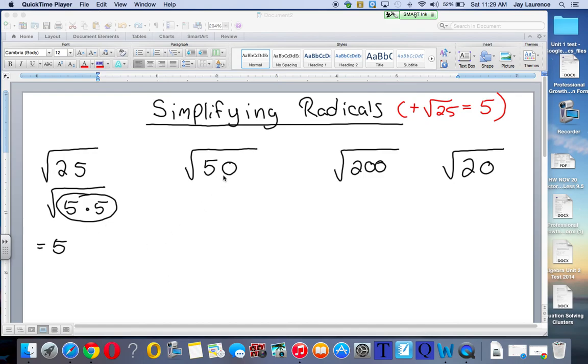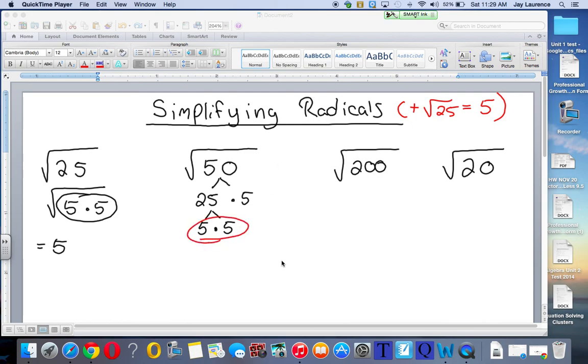Now, if I try to do the square root of 50, the radical of 50, excuse me, I'm going to think about it as 25 times 2, and then I'm going to think about it as 5 times 5, right? Well, look at this. I got a pair of 5s. These 5s can leave the house and go out on a date.